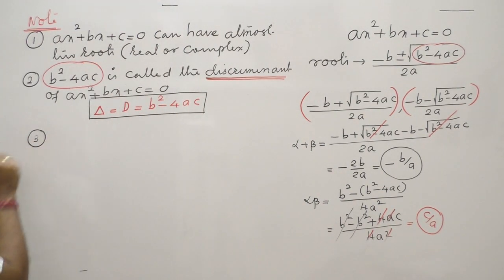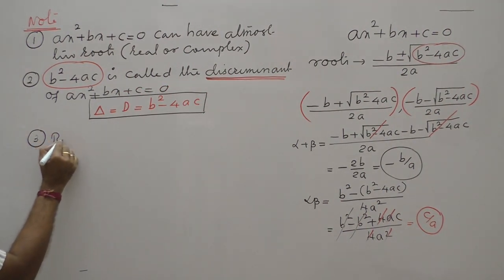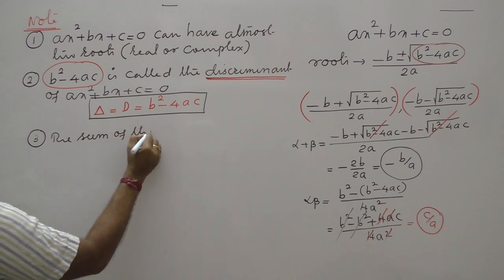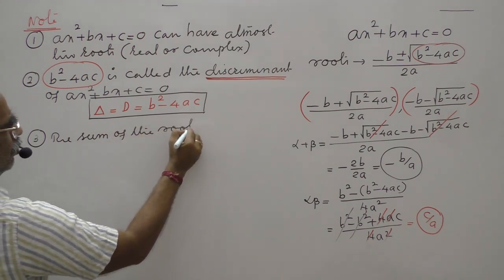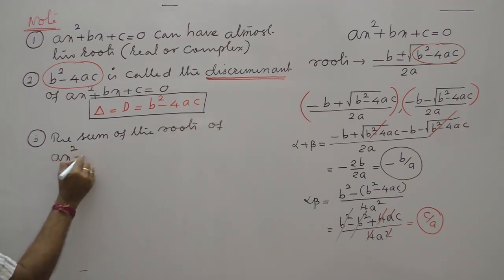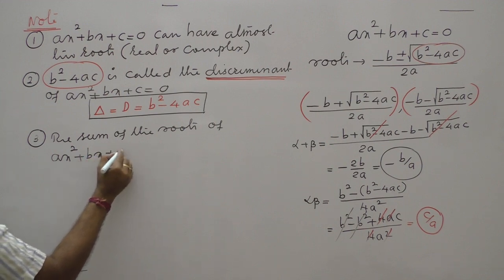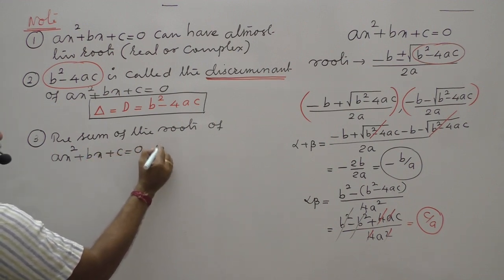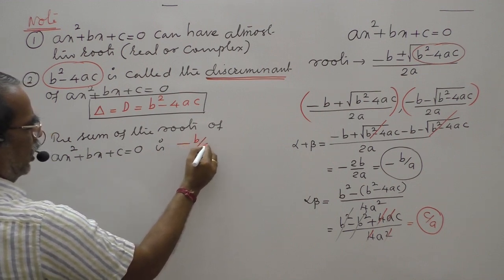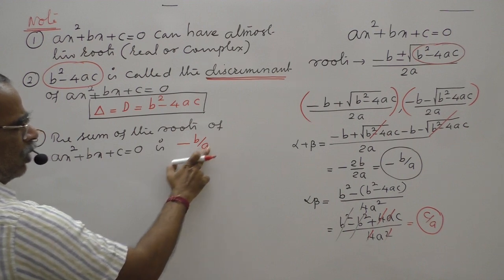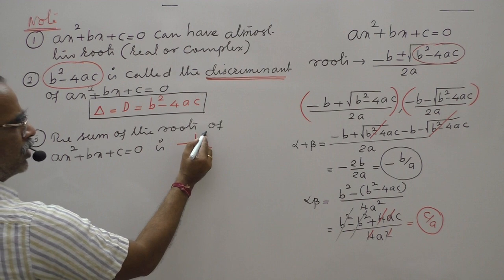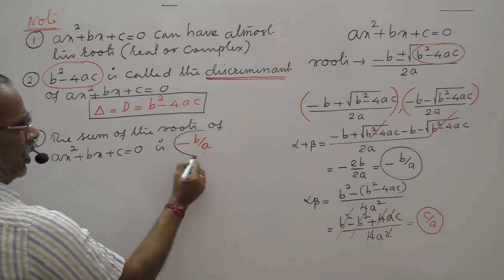So we will add one more note. See carefully. The sum of the roots. The sum of the roots of the quadratic equation ax square plus bx plus c is equal to 0 is minus b by a. Here a is the x square coefficient and b is the x coefficient.